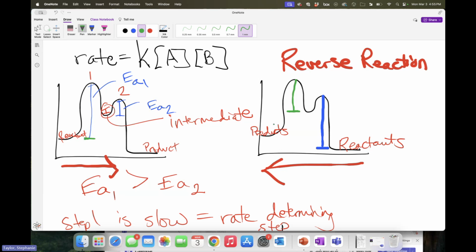We just begin from somewhere different, and that makes it different. I will put a little label here for the transition state. These are both transition states. The top of the peak is always the transition state. That is a different thing from the intermediate.